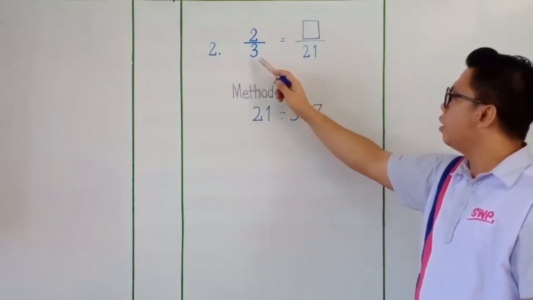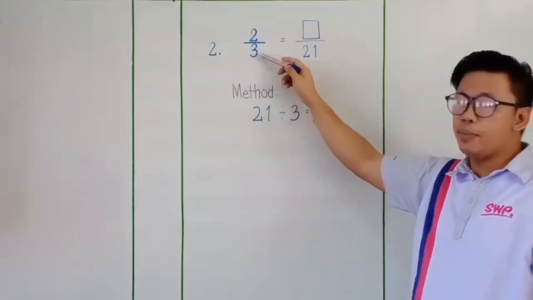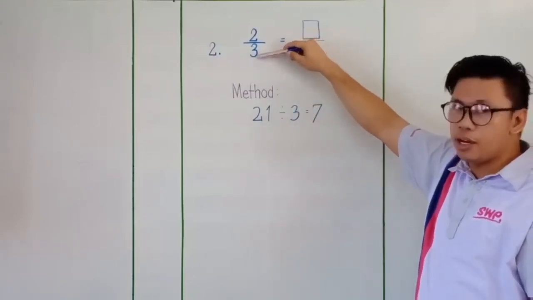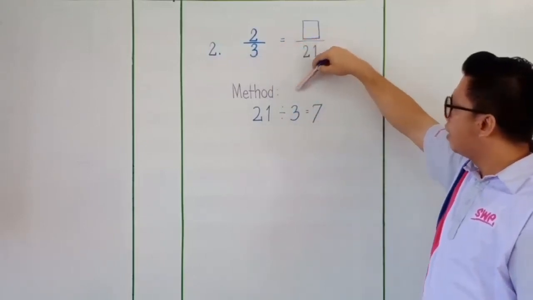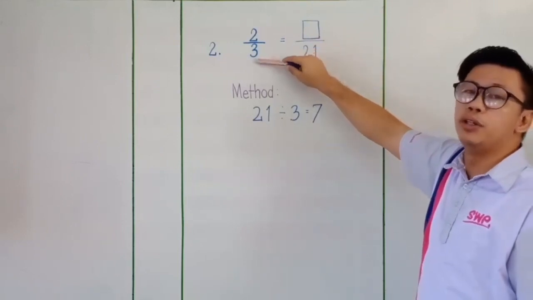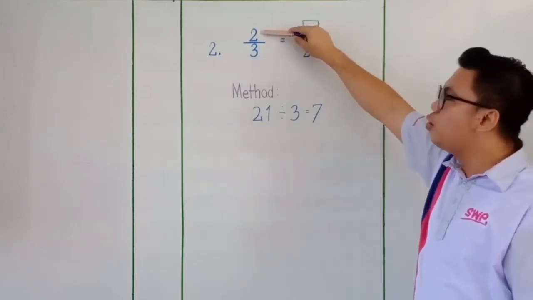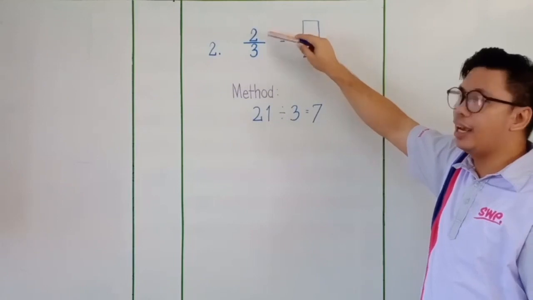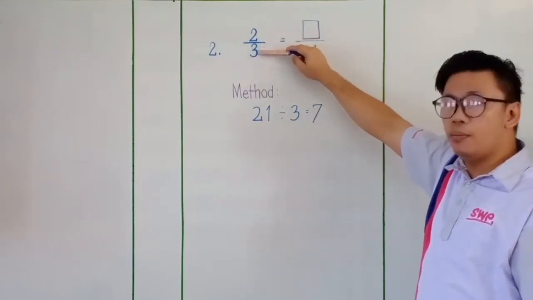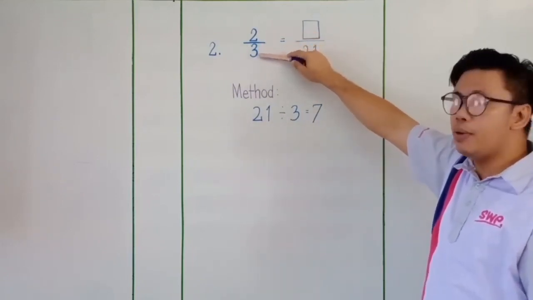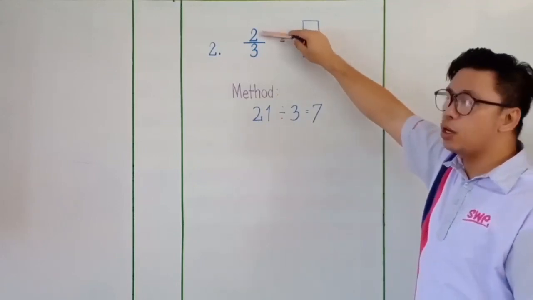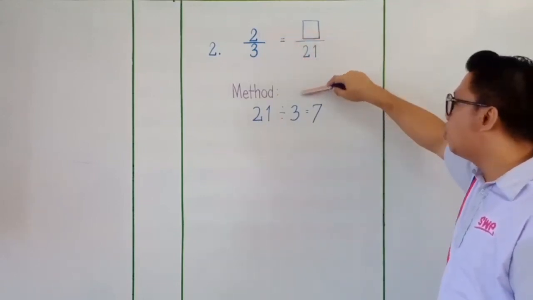So it means if we multiply 7 in the denominator, this is the denominator, we also multiply 7 in the numerator. Again, whatever number we multiply in the denominator, we also multiply in the numerator.